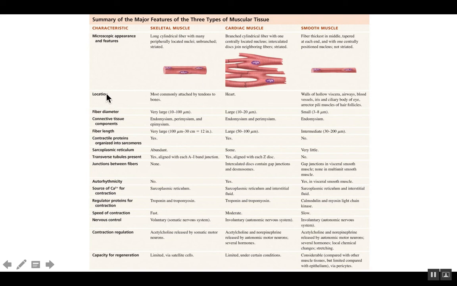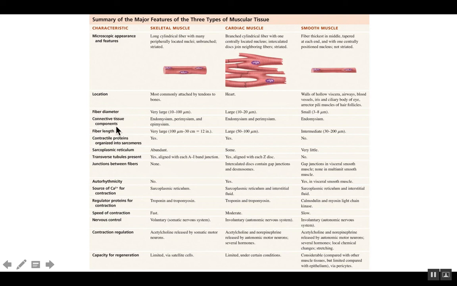Location we should already be familiar with. Diameter, fiber diameter. Notice we often refer to muscle cells as muscle fibers because they're usually very long and thin. But skeletal muscle cells are typically the largest of the 3 muscle cell types.